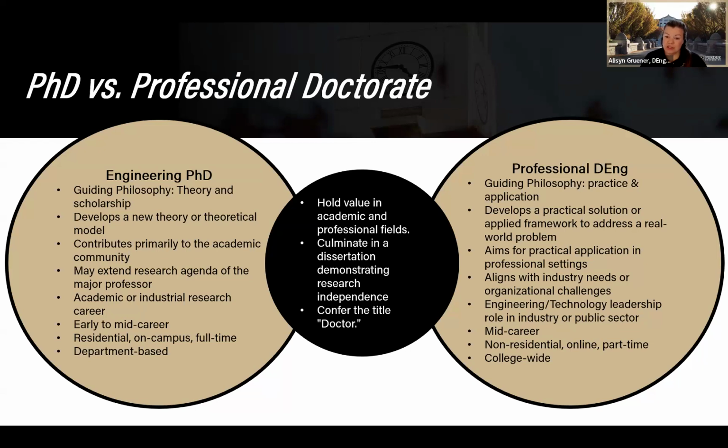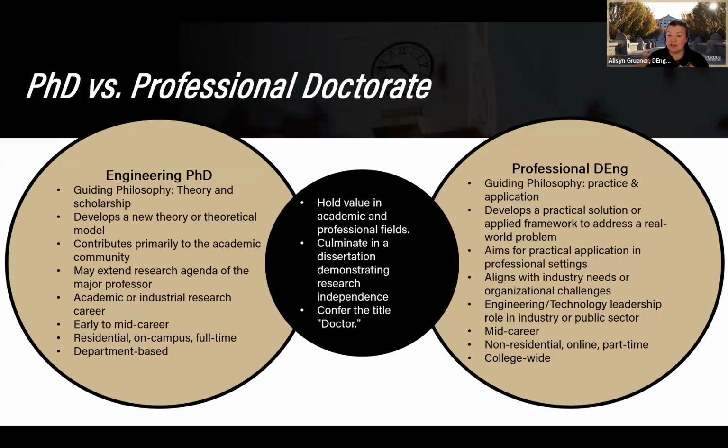The professional D.Eng is really designed for mid-career professionals who are working full-time in industry. You have at least 5 years of experience. Most of our students have an average of 10 to 13 years of professional experience as engineers. You are likely working with an employer who has identified a problem, or you've identified a problem, but your employer says, hey, let's work on a solution to that together.